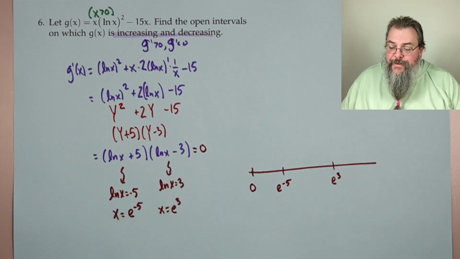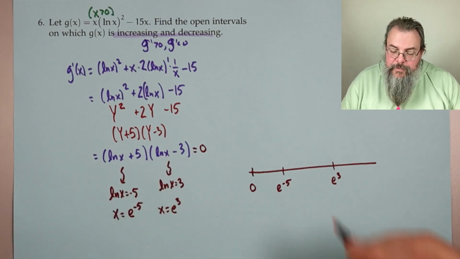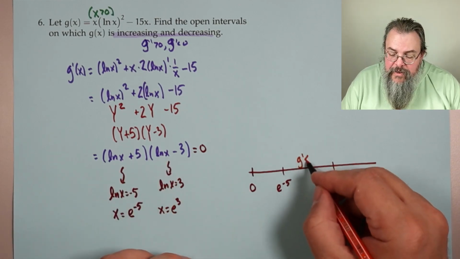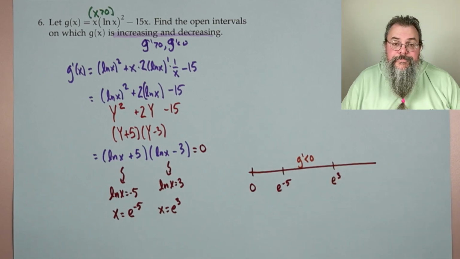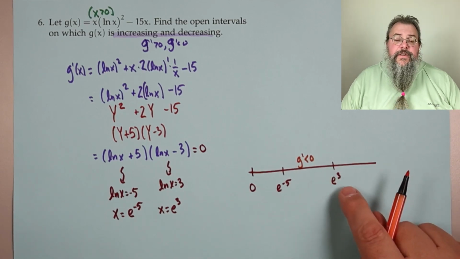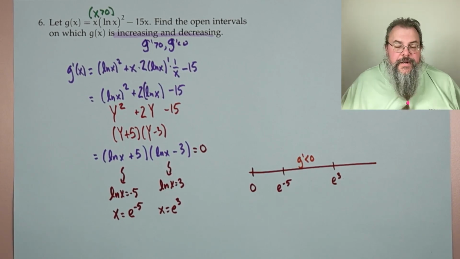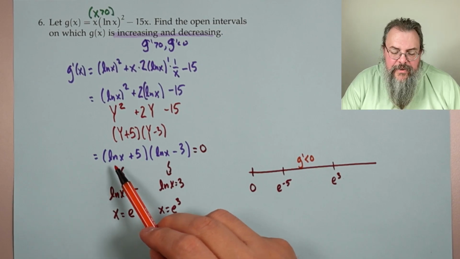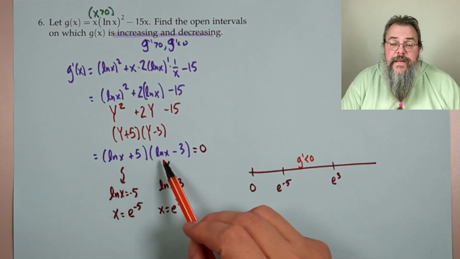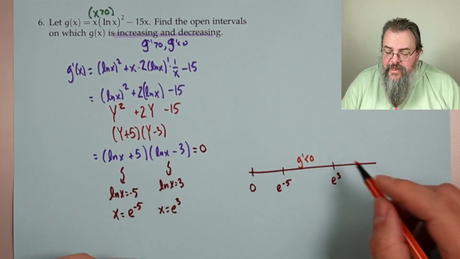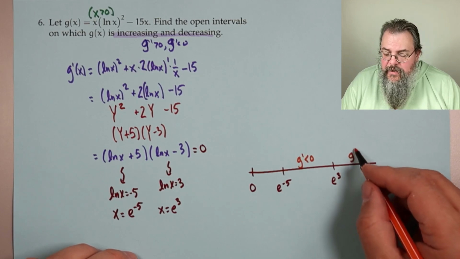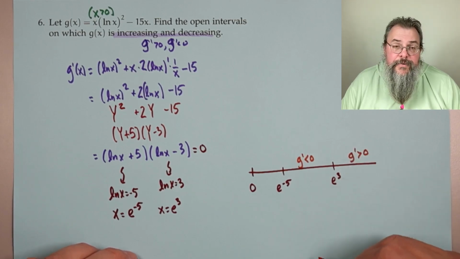Positive, negative, so g prime is negative. Now, pick something bigger than e cubed. A gabillion, a million, just a huge number. Log of a huge number is big, so you're going to get a positive and a positive, 2 positives. So here, g prime is greater than 0.